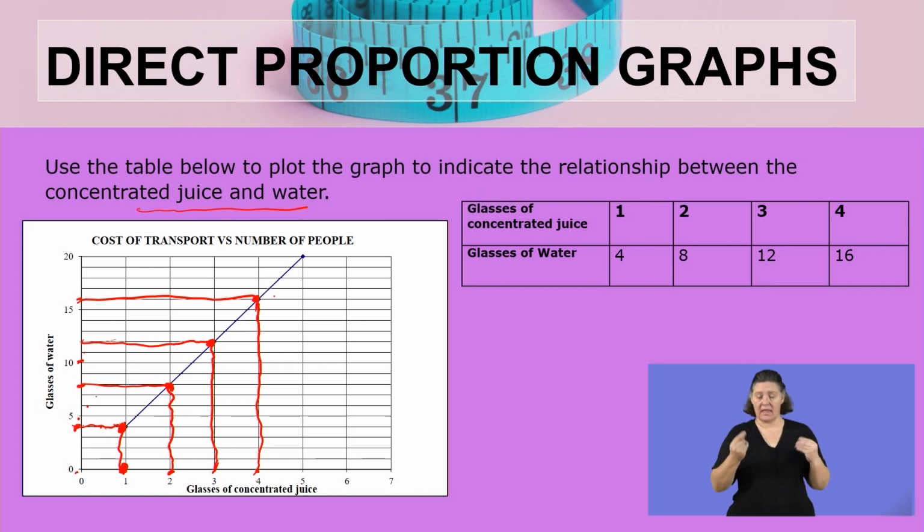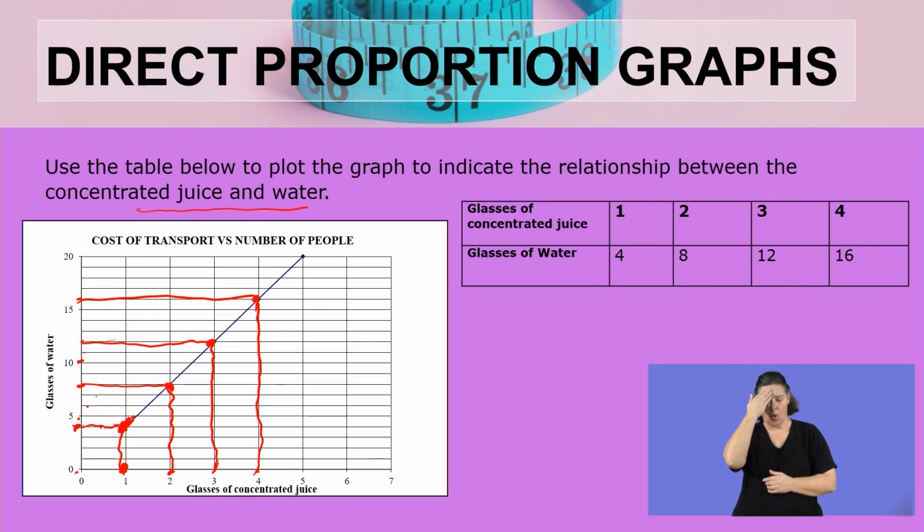Once you've plotted your coordinates, you can then join these coordinates with a straight line. So you just draw the line across the points that you have indicated. When I talk about the coordinates, I'm talking about the point where the 2 values are meeting.